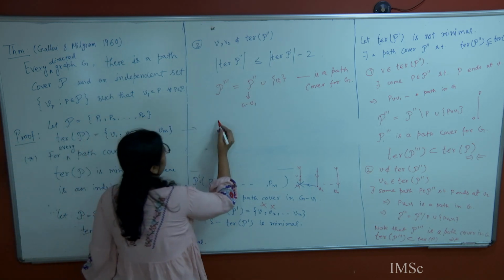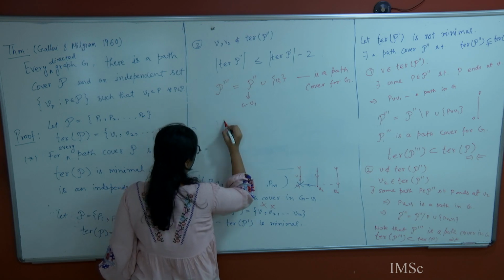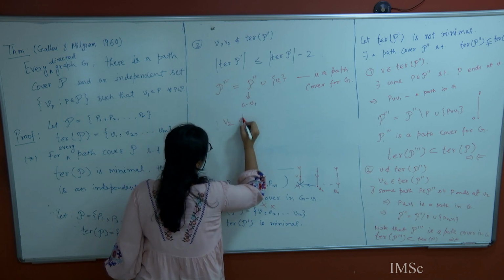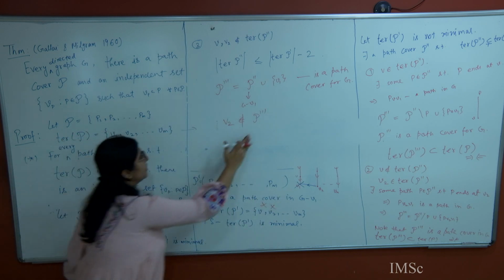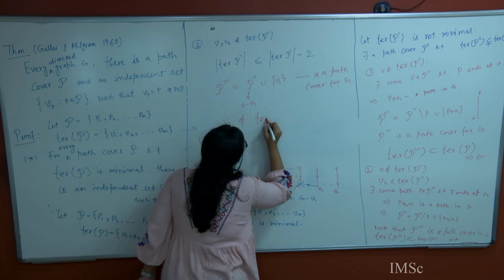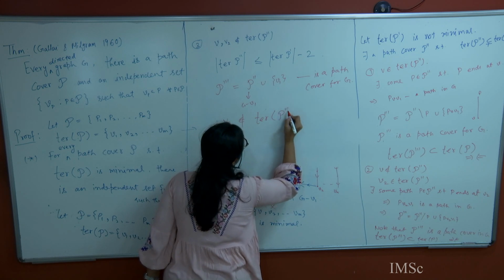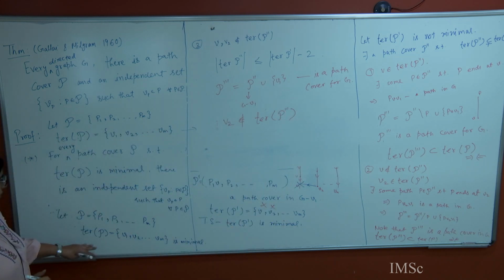So, if this is my P triple prime, I am saying it is easy to see that V2 does not belong to the terminal set of P triple prime. Is it okay? Right?